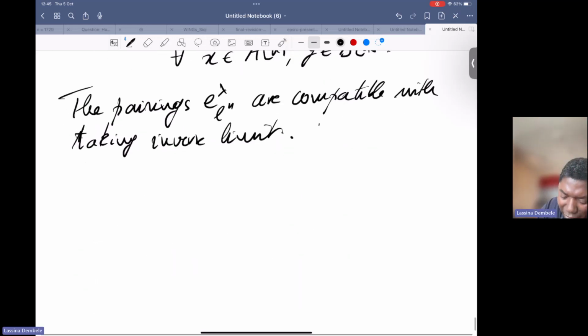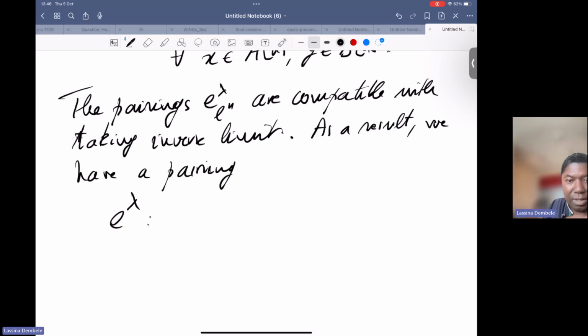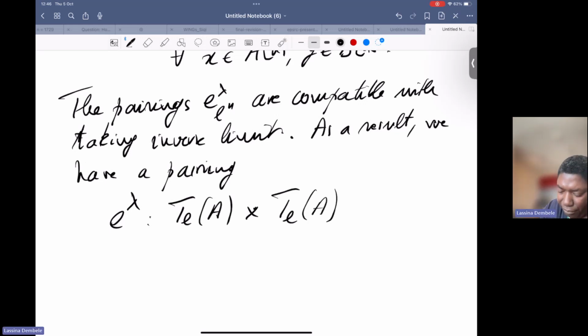As a result, we will have a pairing on the Tate module, which we simply call e lambda, which goes from TL of A cross TL of A into ZL.